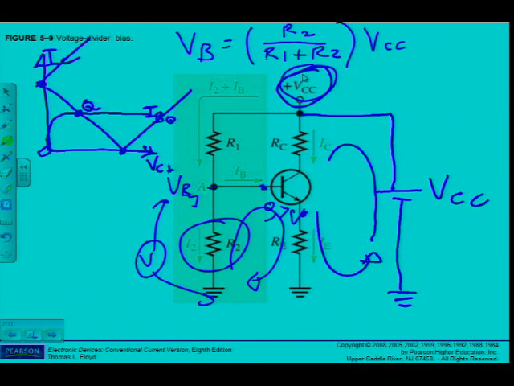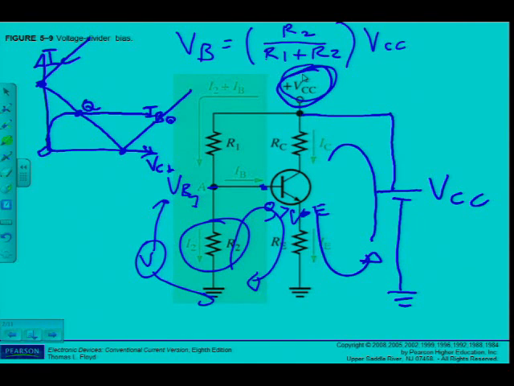I have determined VB. If I want to determine VE, then I know there's a 0.7 volt drop that I have to subtract from VB. Okay, that is equation 5.2. So VE is equal to VB minus VBE, which we assume to be approximately 0.7. It's not always true, but we make that assumption.